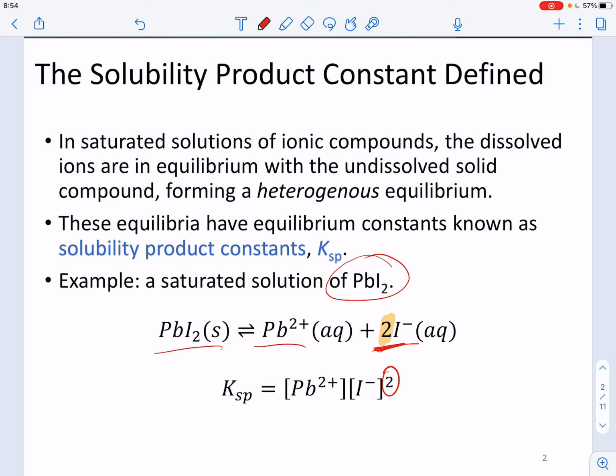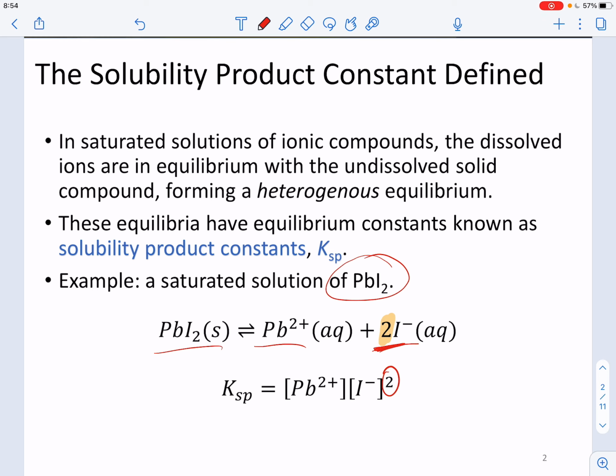Acid-base equilibrium was kind of easy because the stoichiometry was always 1 to 1, but when we are working with solubility equilibrium, then we have to pay attention to the stoichiometry. Different solids will have different stoichiometries. They will release a different number of ions into solution, and you have to be aware of that.